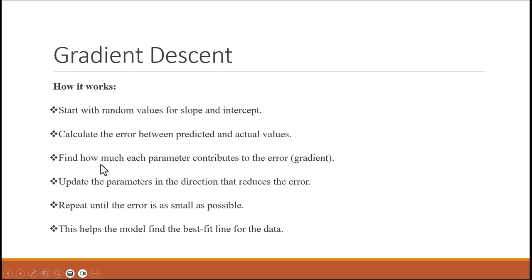Find how much each parameter contributes to the error and update the parameters in the direction that reduces the error. Repeat until the error is as small as possible. This helps the model find the best fit line for the data.